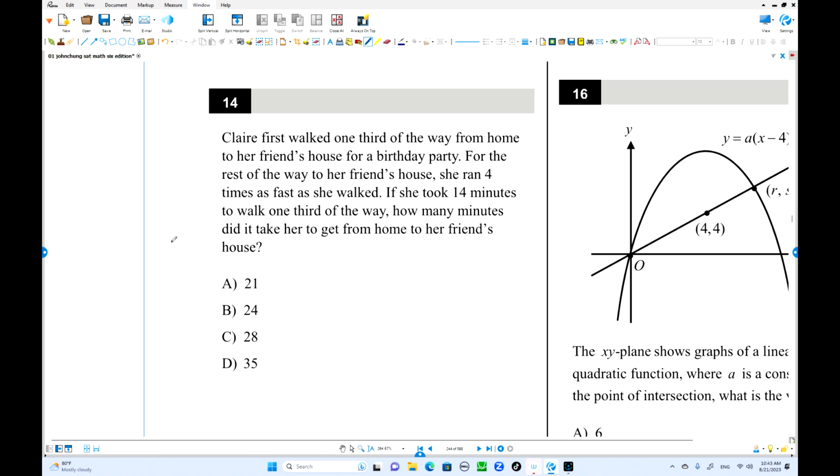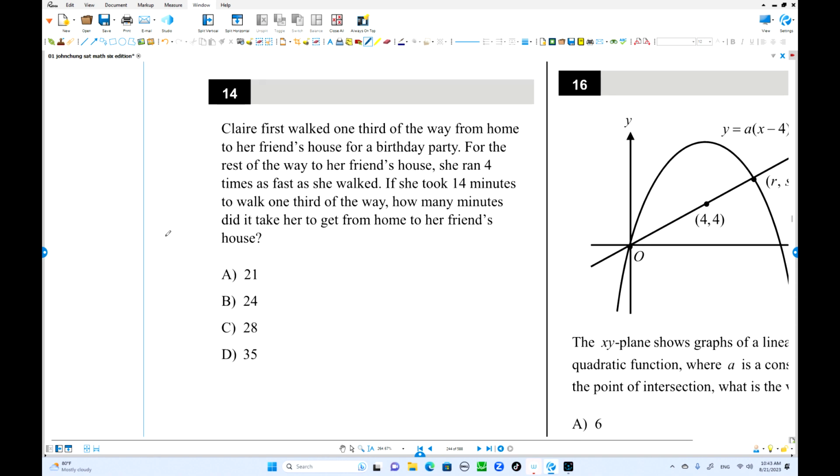Number 14. Claire first walked 1/3 of the way from home to her friend's house for a birthday party. For the rest of the way to her friend's house, she ran 4 times as fast as she walked. This is 1/3 of it. This is the walk, this is the run. For the walk, it takes 14 minutes.